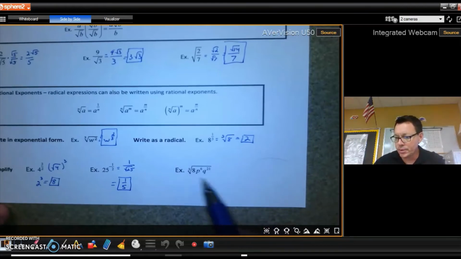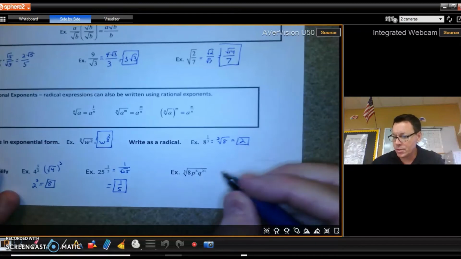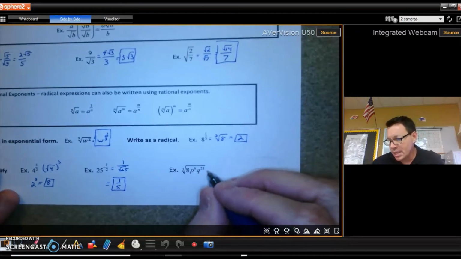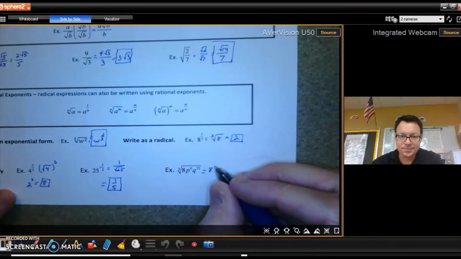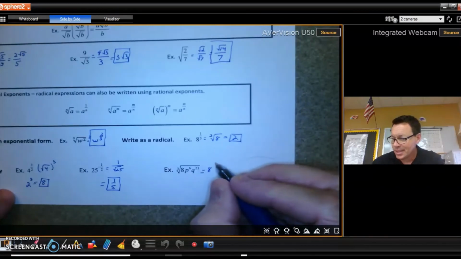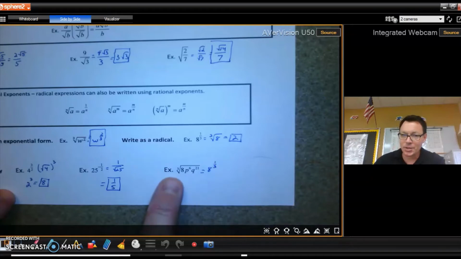What is the cube root of 8 times p to the 6th and q to the 21st? So again, remember, what this means is it's 8 to the, well, I probably shouldn't do this, but to the 1/3 power, because we kind of know what the cube root of 8 is already without rewriting it that way.